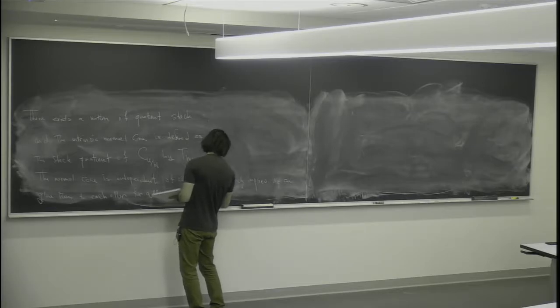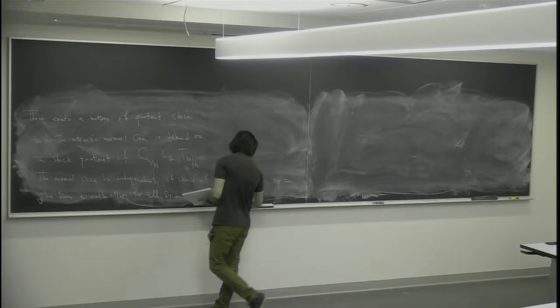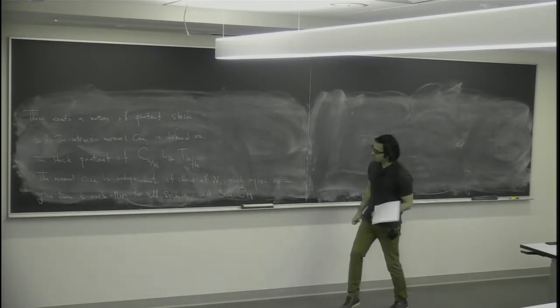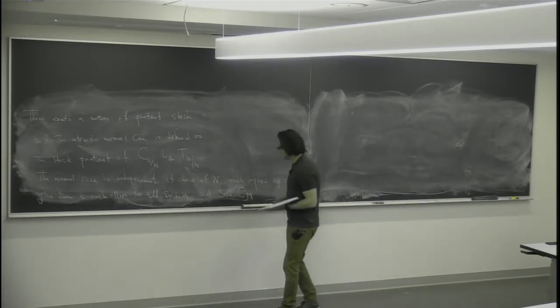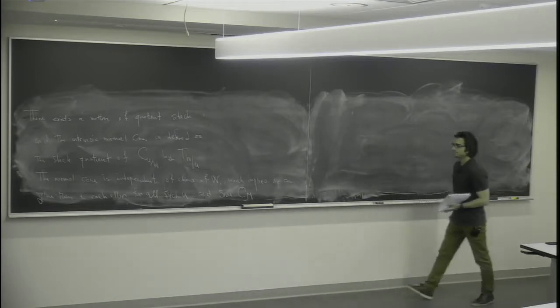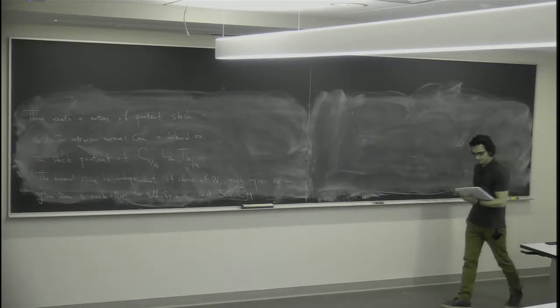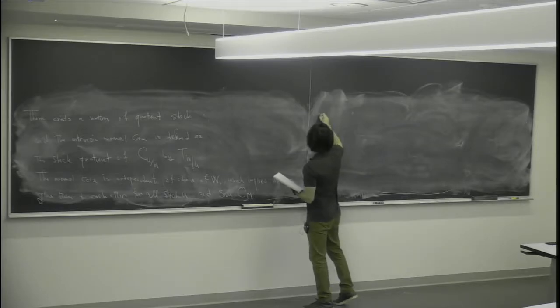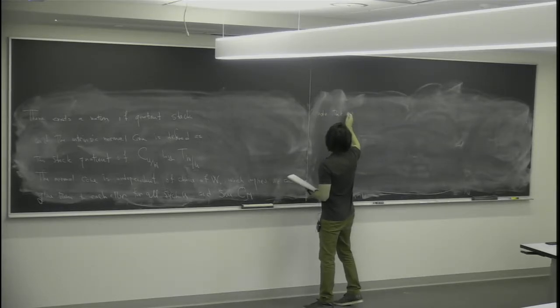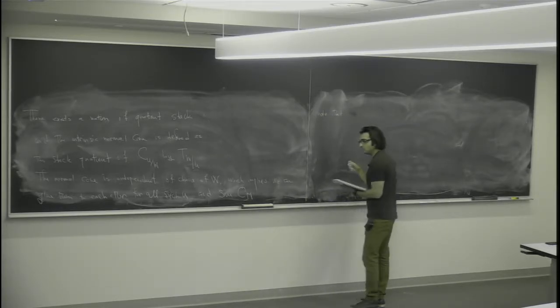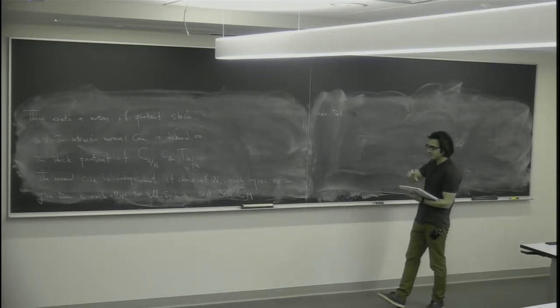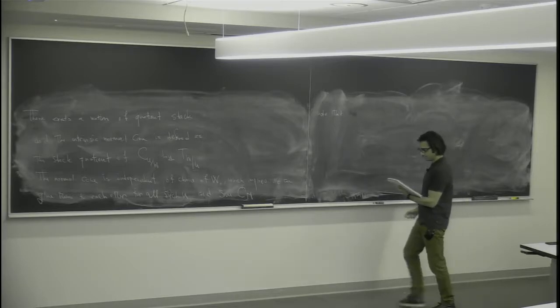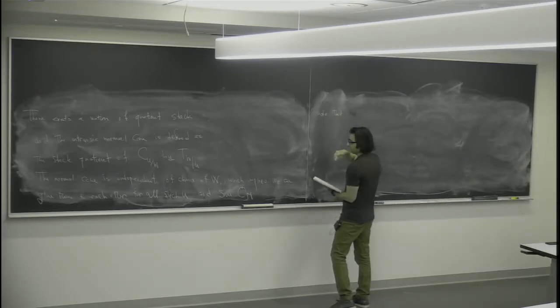So in particular, there exists a surjection, sorry, from the sum over k of the symmetric algebra of I1 over I2 to this.